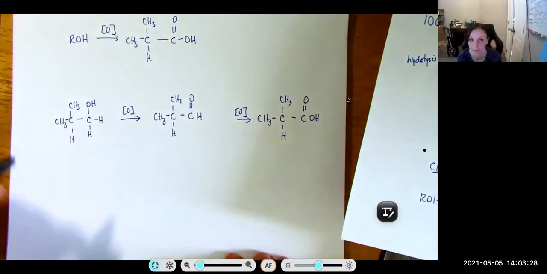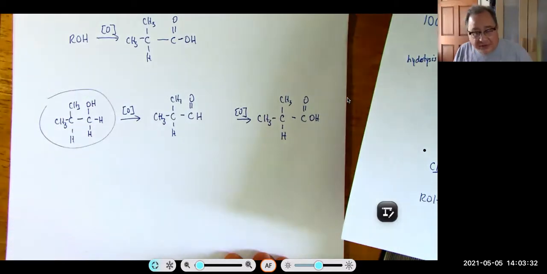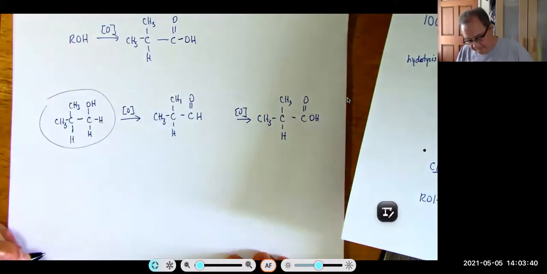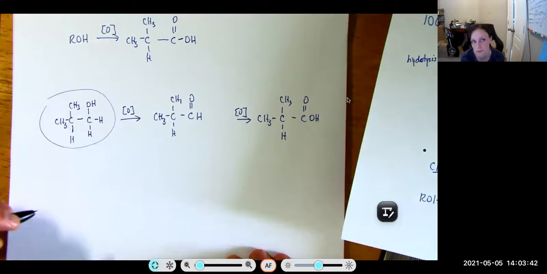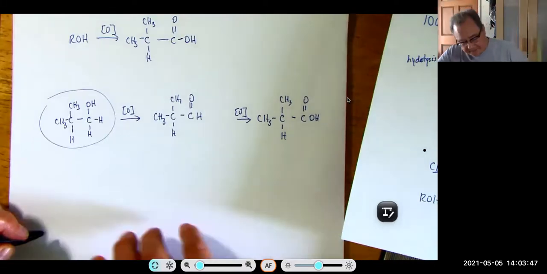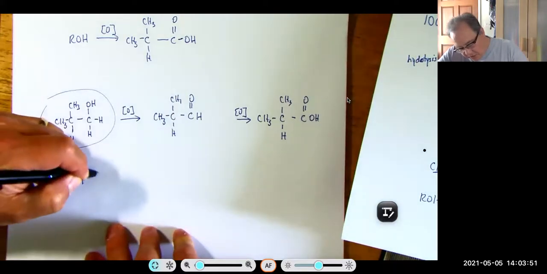This must be the alcohol that came off of the ester. What would you call the name of that? What would be the parent name of this guy? Pentane. What's the longest carbon chain? Propane. So we're not going to call it propane.